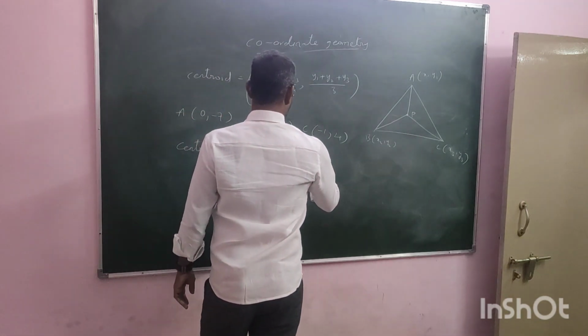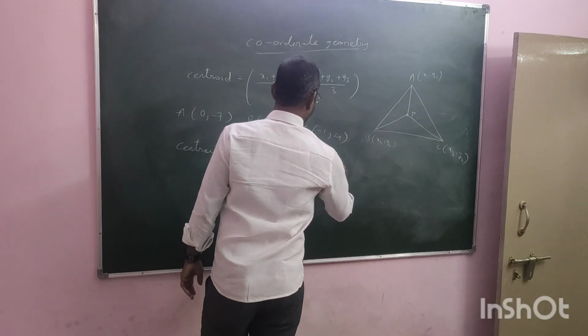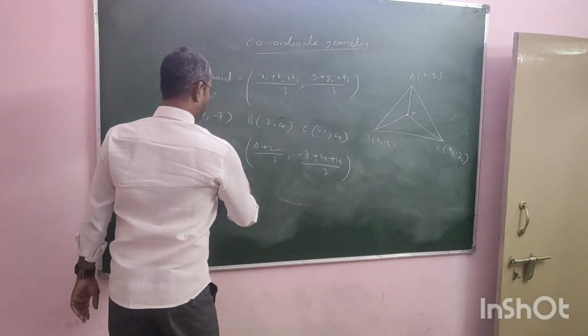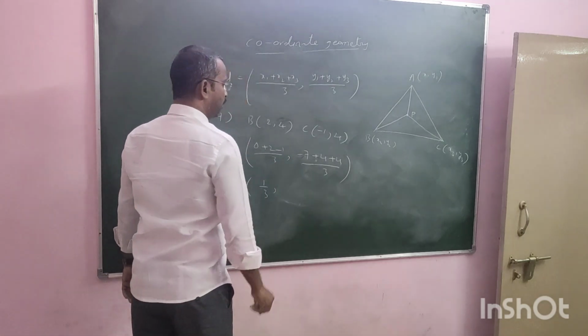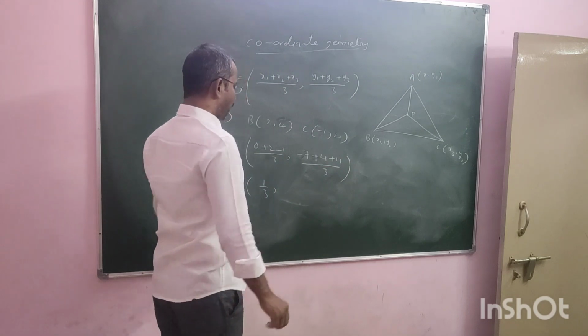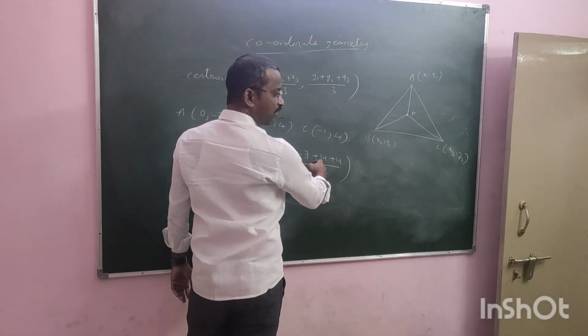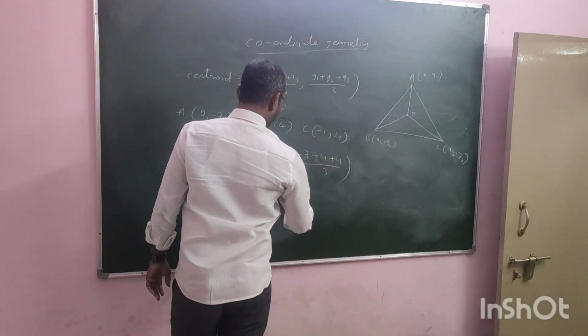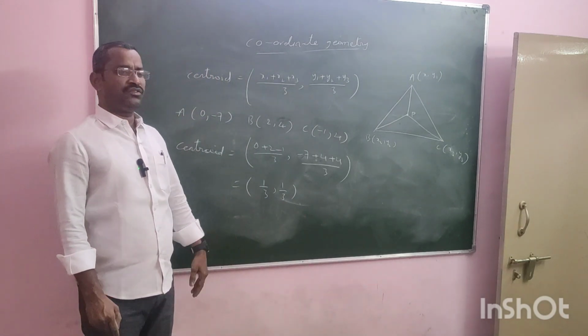Next, minus 7 plus 4 plus 4 by 3. 0 plus 2 is 2, 2 minus 1 is 1, 1 by 3. Minus 7 plus 4 is minus 3, minus 3 plus 4 is 1. So 1 by 3 comma 1 by 3. This is your centroid concept.